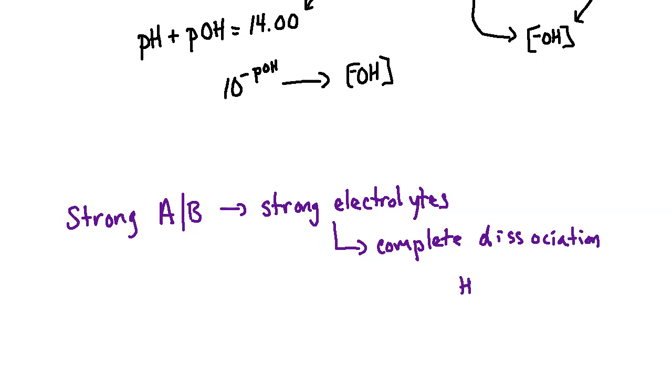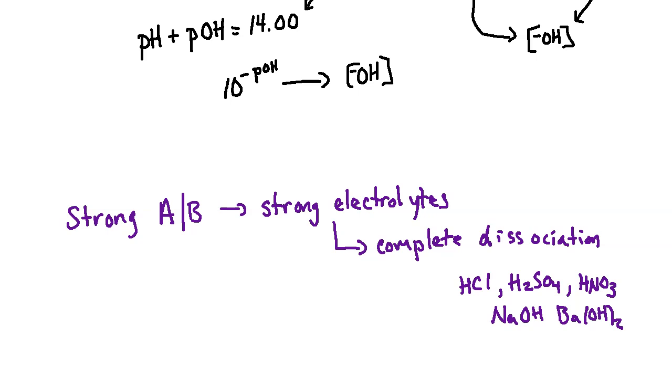So things like, and we've mentioned this earlier, HCl, H2SO4, another one would be nitric acid, HNO3. And then you have things like sodium hydroxide, or barium hydroxide. When you have things like this, they are considered strong because when you put them into aqueous solution, there is no equilibrium.